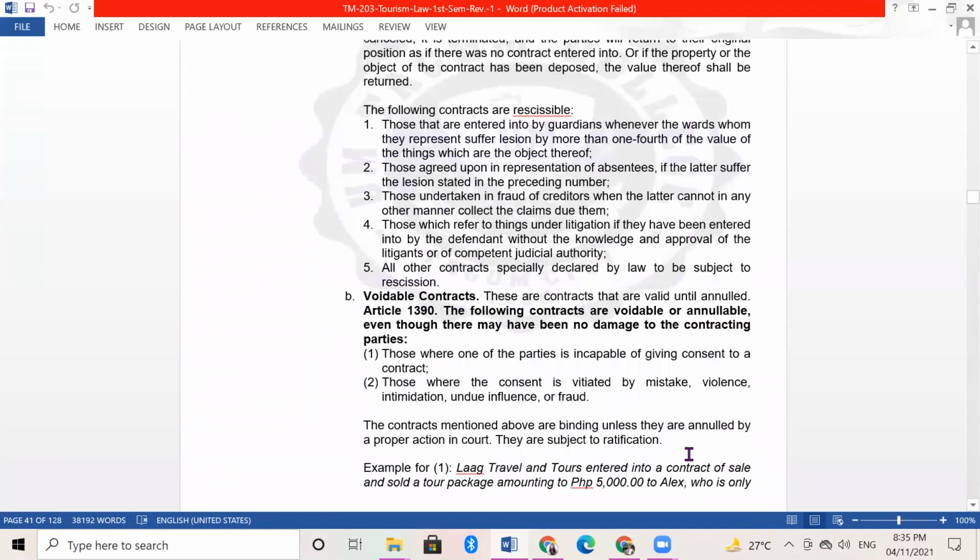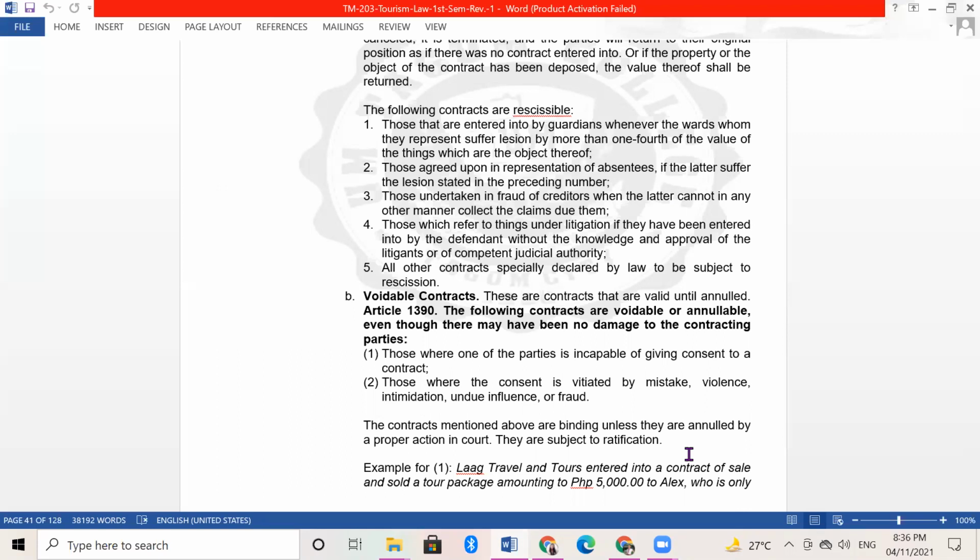Third, those undertaken in fraud of creditors when the latter cannot in any other manner collect the claims due to them. Fourth, those which refer to things under litigation if they have been entered into by the defendant without the knowledge and approval of the litigants or competent judicial authority. Last, all other contracts specially declared by law to be subject to rescission.